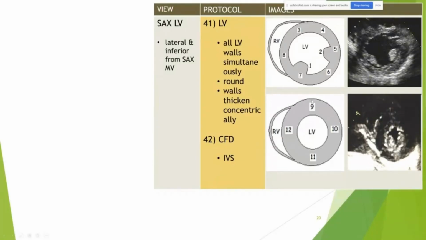This is the anterior, the lateral, the inferior, and the septal. So now, let me cheat for you again. This will be anterior lateral, right? Lateral, inferior septal, septal, and anterior septal. See how that worked out?